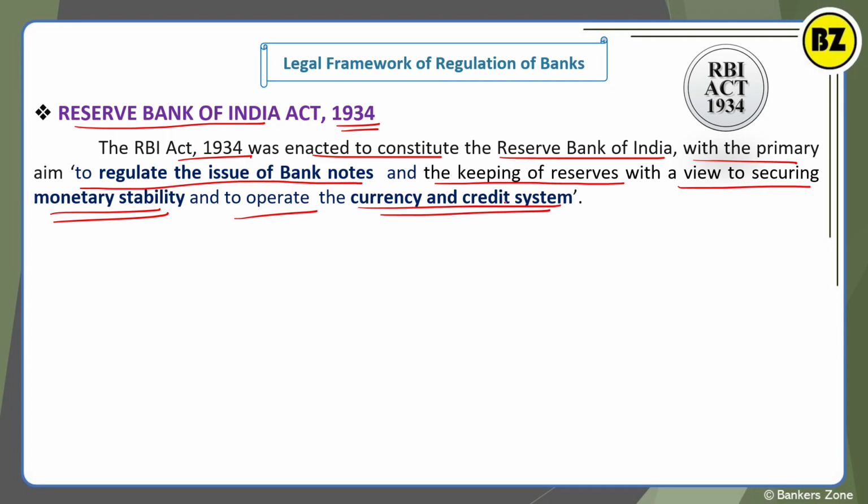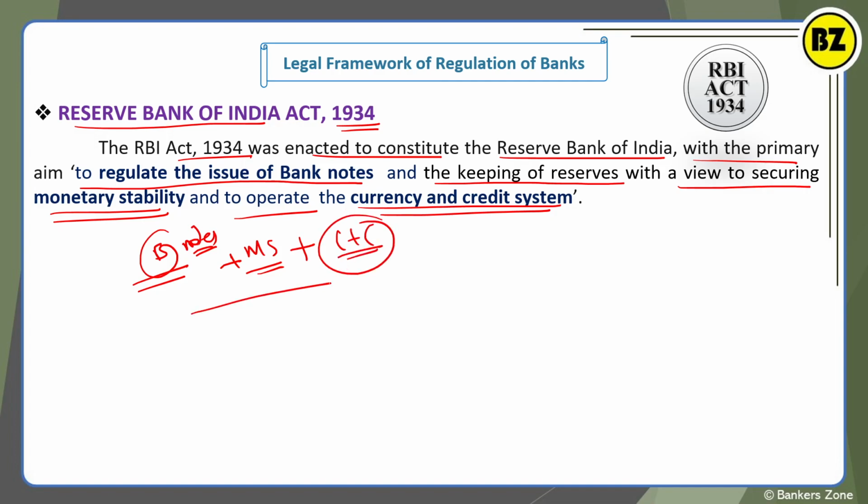So why was the RBI set up initially? The first purpose: there should be one regulator for banknotes. There must be monetary stability, and for the purpose of currency and credit in the banks, there must be a regulator. For that purpose mainly the RBI was enacted in the beginning.